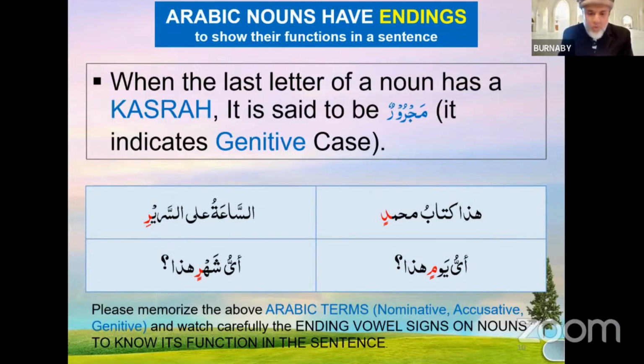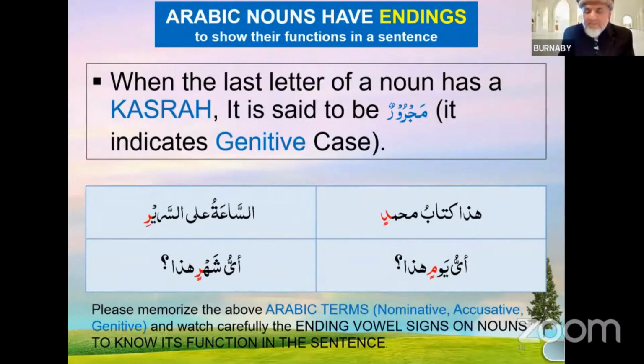Now, who is the possessor of the book? Muhammad. So what should be the status of Muhammad? Jar. Muhammadin. Is Muhammad singular? Yes. So how do we know the status of a singular? By looking at the last letter. And the moment I see kasratan, I know this is jar. Okay, let's look at the next sentence.